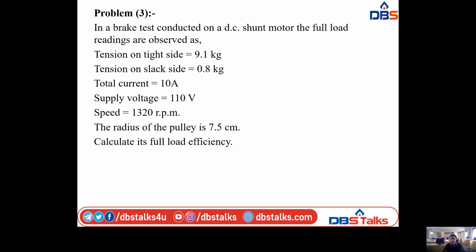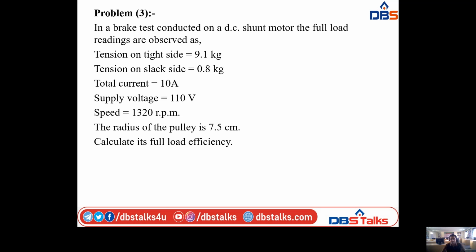You know the formula to calculate the efficiency, that is output power by input power into 100 in percentage. So here the output power is 5041.98 divided by input power is 6250 into 100, and finally we have the efficiency of the motor, that is equal to 80.67%. Okay, so this is the solution for the fourth problem.